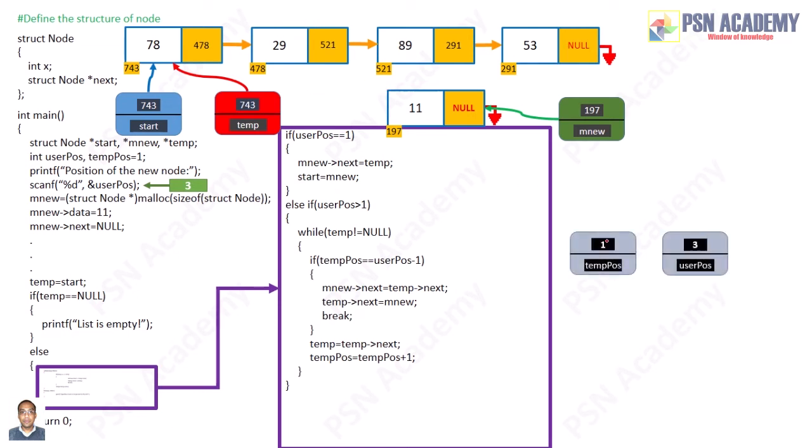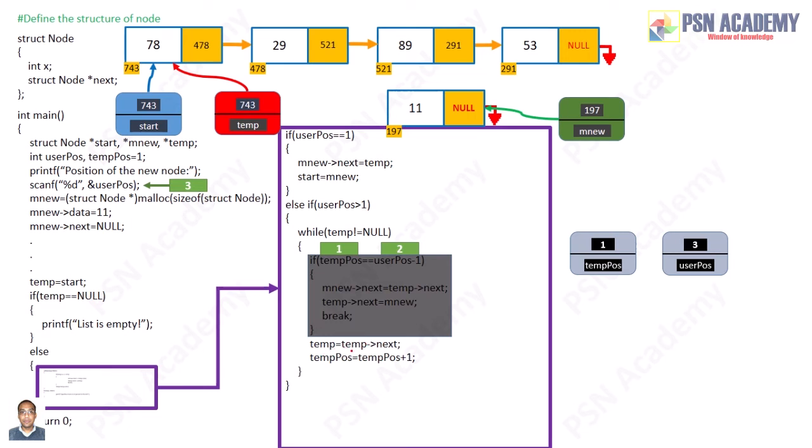You see these two variables? The temp pos is 1 now and the user pos is 3 now. Now you check, temp pos is 1 and user pos minus 1 is 2. So it is not matching. So the if condition does not fire.